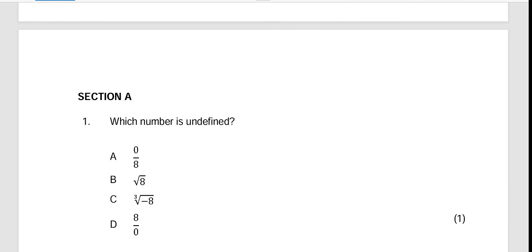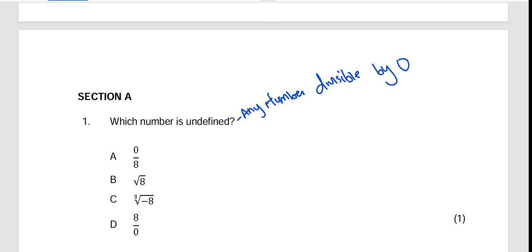Section A, number 1. Which number is undefined? Okay, the first thing that we need to do, what is an undefined number? An undefined number is any number divisible by 0.